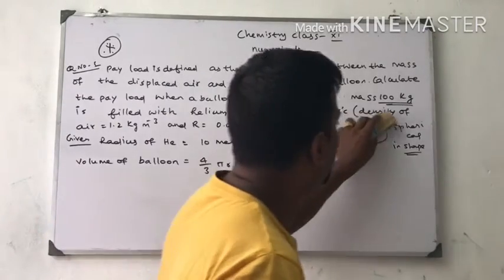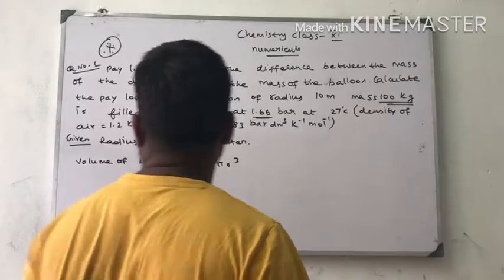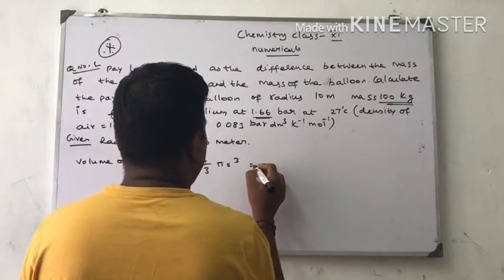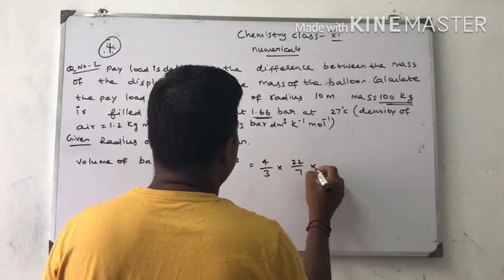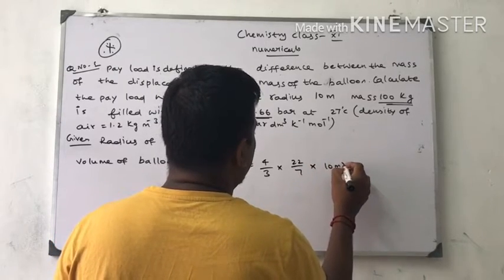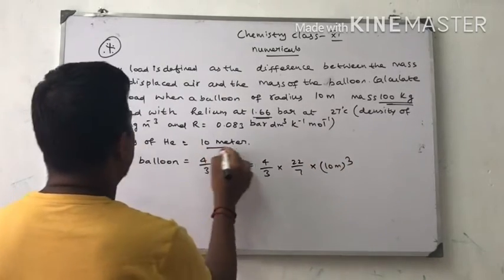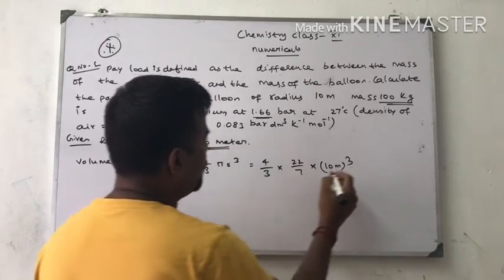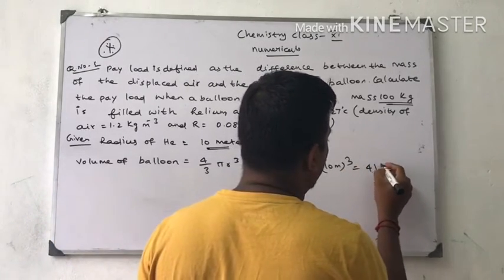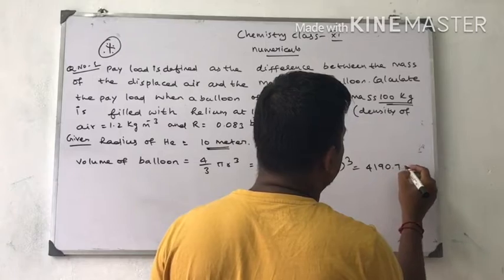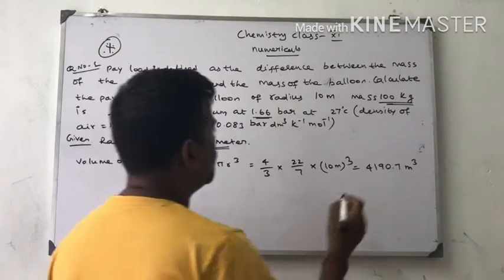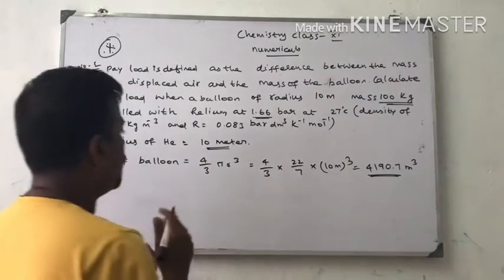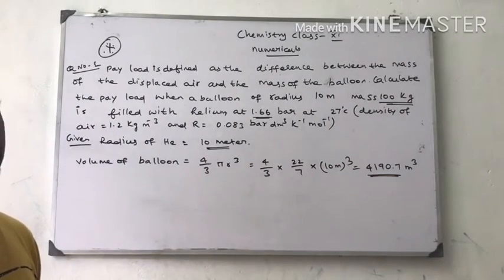That is why we apply it here: 4 by 3 into 22 by 7 into 10 meter the whole cube. On simplifying all this, we get 4190.7 meter cube. This is the volume of the balloon.